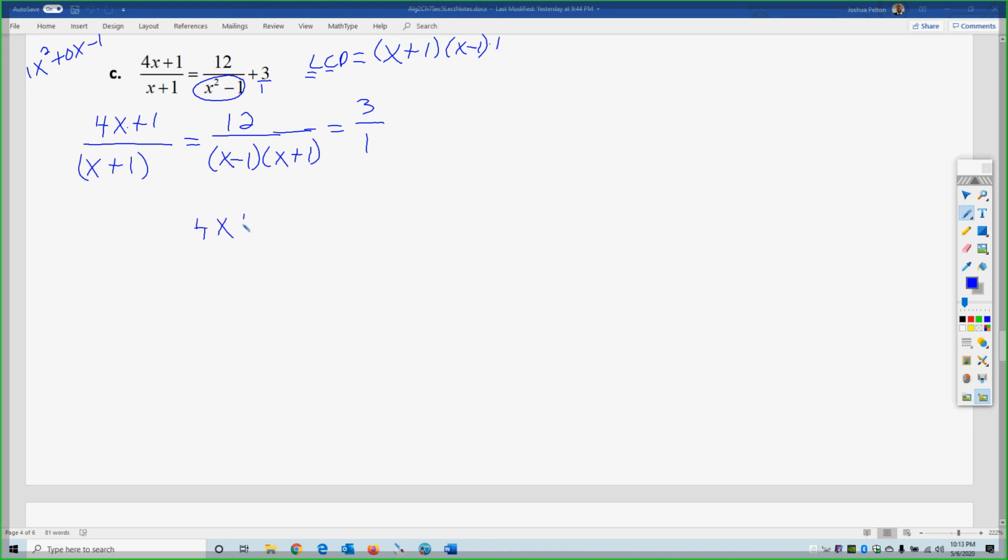4x plus 1 over x plus 1 equals 12 over x minus 1, x plus 1. Oh, lots of plus there. I put equals twice for some reason.